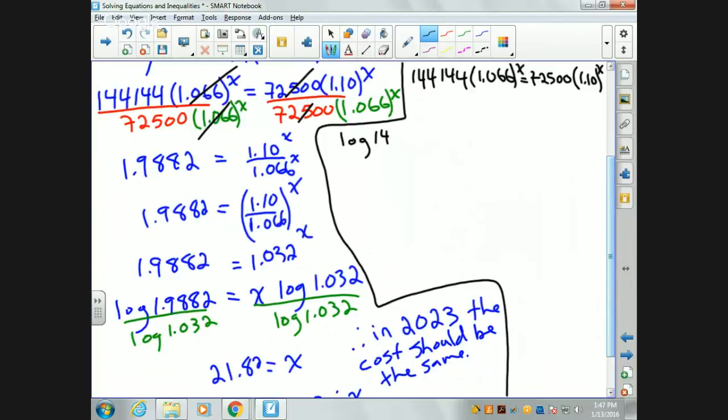No, you have to bring the 1.10 to the bottom. Oh yeah, you're right. And you have to get rid of the 72. Yep. So here's why I didn't do it this way: this 144,144 is going to cause some problems.